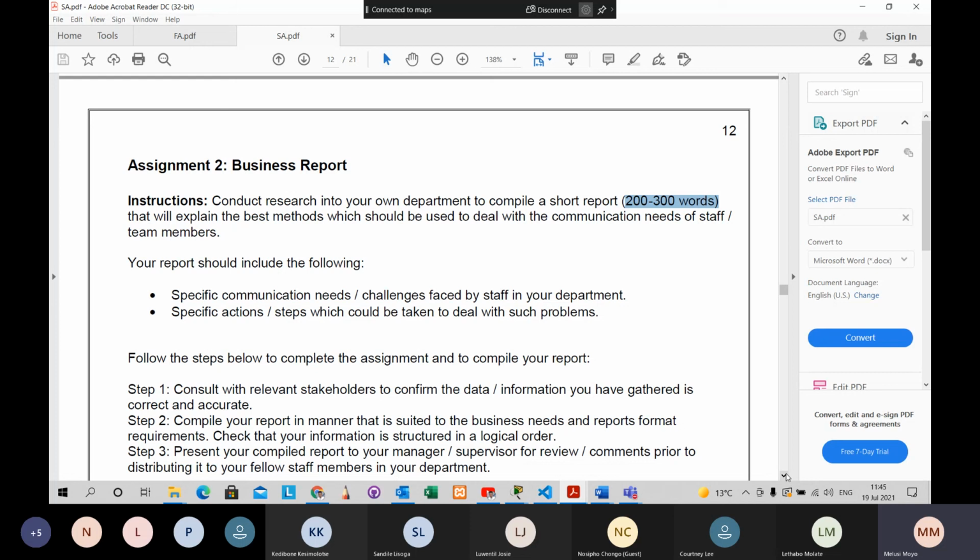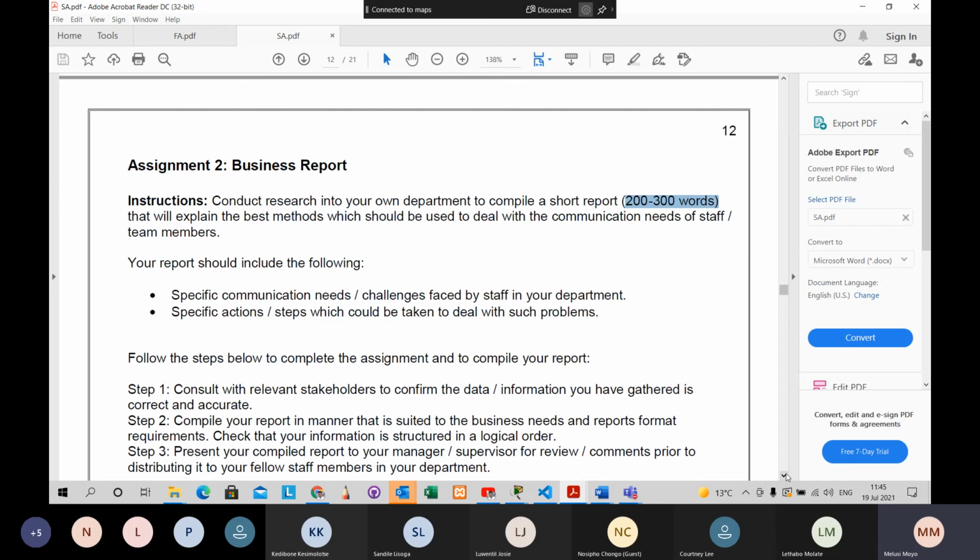The reason you find out why people are not wearing the mask is just because they know nothing will be done to them. But if we write down and come up with a policy and say, okay, if you are found in the premises not wearing a mask, this is what's going to happen to you, right? So you come up with a policy, something that will enforce that policy.